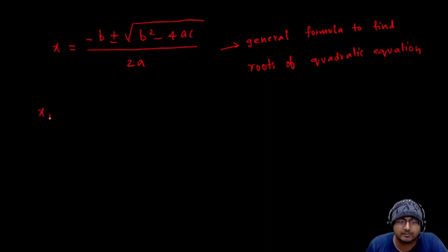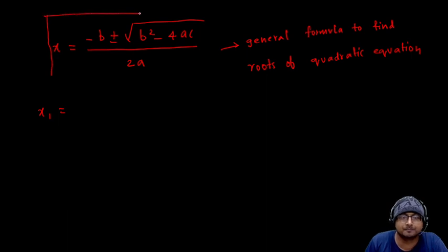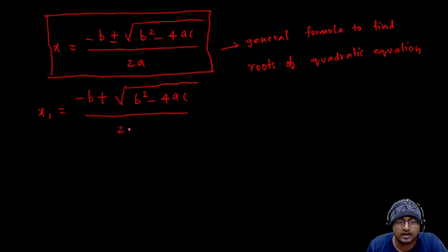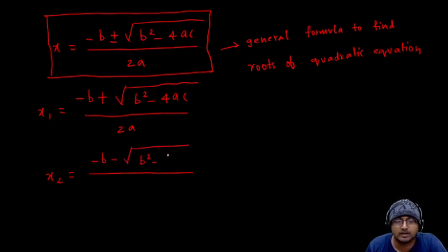So what is this plus or minus? x1 can be written as, I'll put this in a box, minus b plus under root of b square minus 4ac divided by 2a, and the other root x2 can be minus b minus under root of b square minus 4ac by 2a.